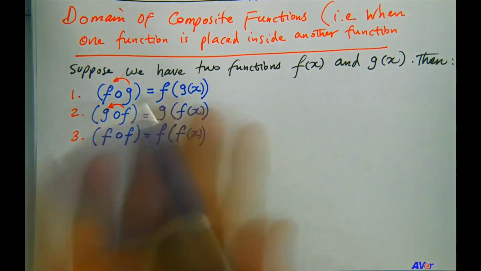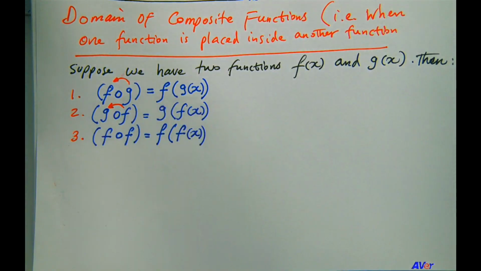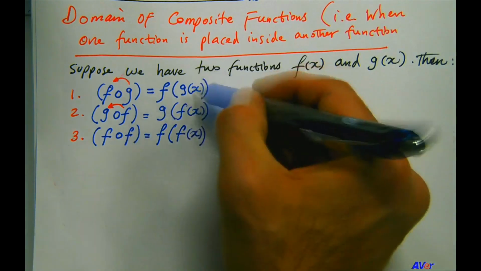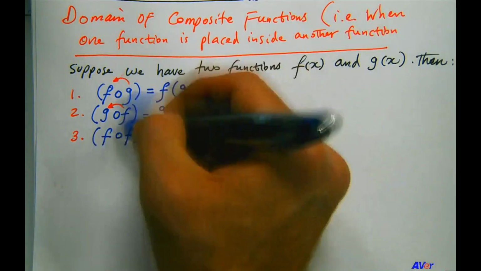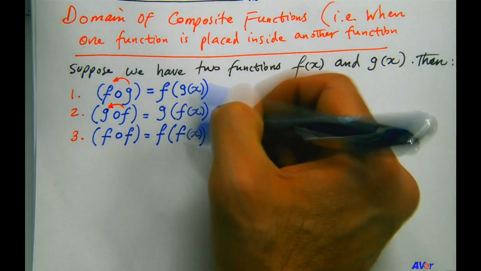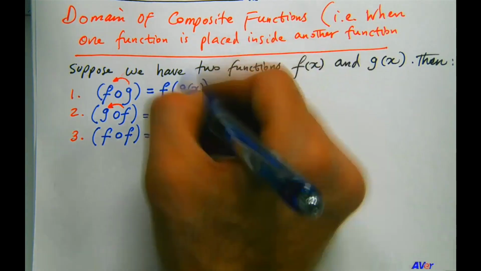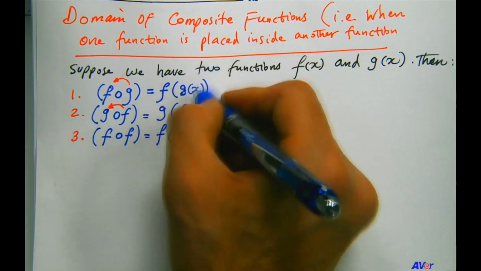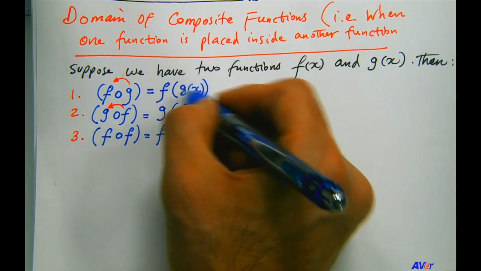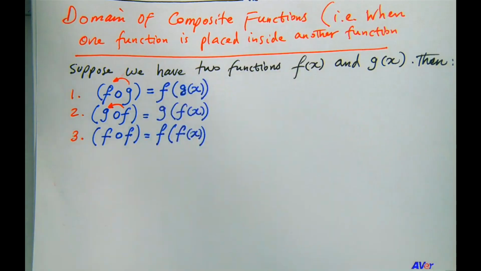Okay, so I just wanted to mention this notation. I prefer this notation better. I use both, but I prefer this one because it's more descriptive. It shows clearly that this function is inside that function, or f is inside g, and so on.